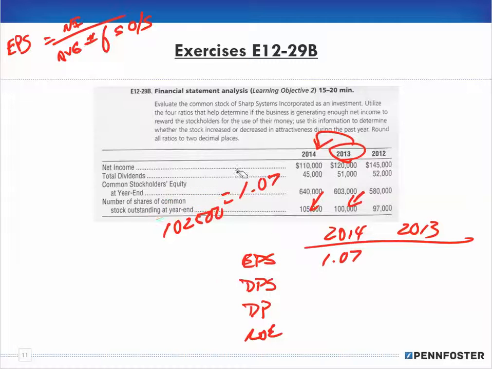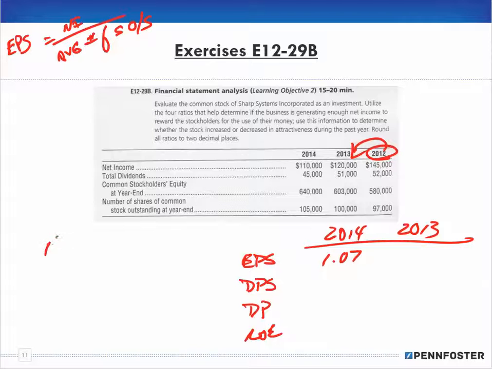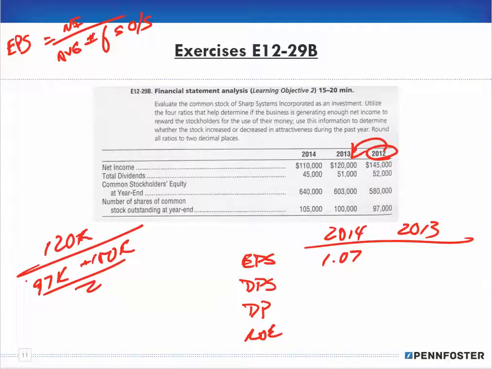And we're pretty much doing the exact same thing for 2013, except we're looking at 2012. 2012 ending becomes the beginning for 2013. So I have 120,000 for net income, and I have 97,000 as the beginning plus 100,000 for the ending over 2, right?